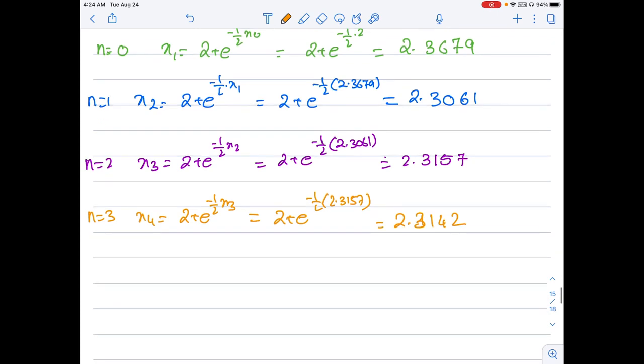Still I do one more time. N is equal to 4. So x5 is equal to 2 plus e to the power of negative 1 upon 2 x4, which is 2 plus e to the power of negative 1 upon 2 times 2.3142, which gives me 2.3144. I stop over here.